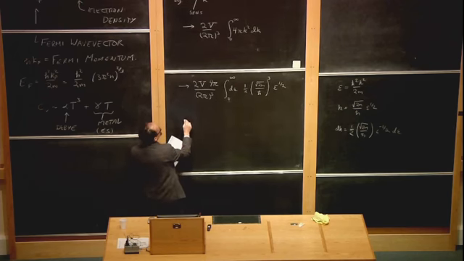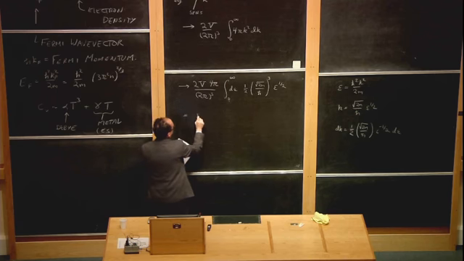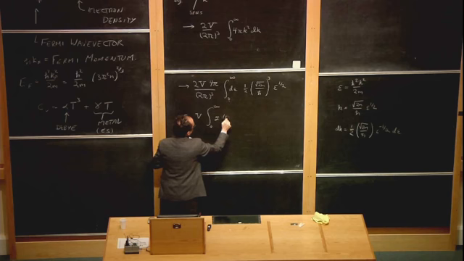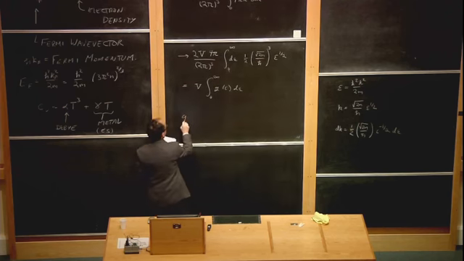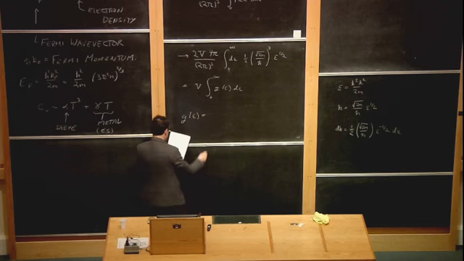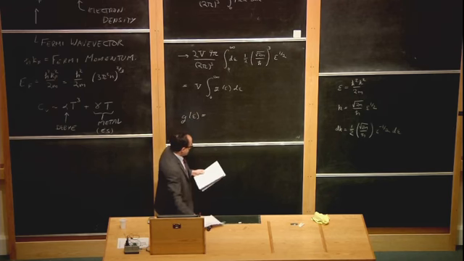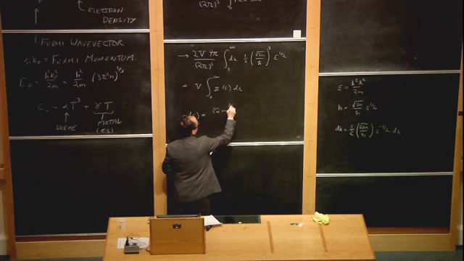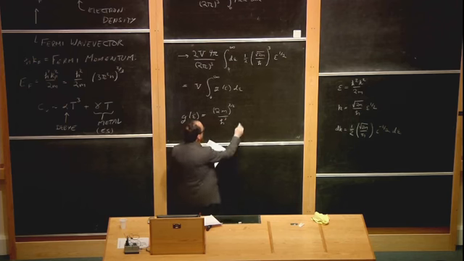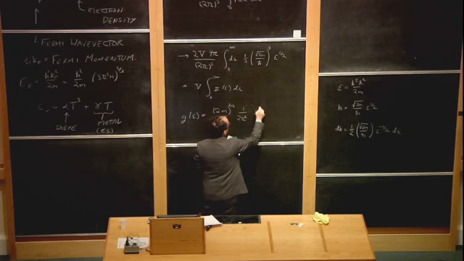So I'll just write it out again. This thing is the integral 0 to infinity g of epsilon d epsilon, where we've defined g of epsilon to be 2m to the 3/2 over h bar cubed times 1 over 2 pi squared times epsilon to the 1/2.